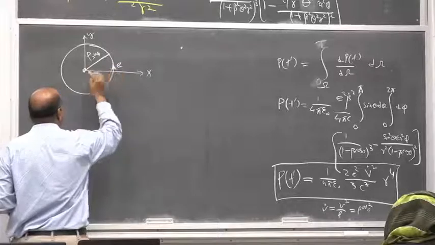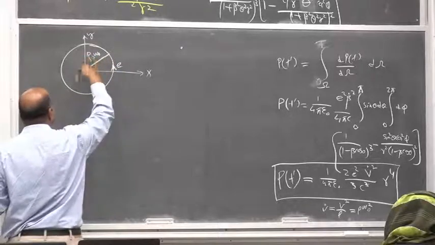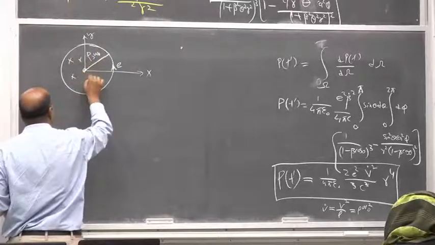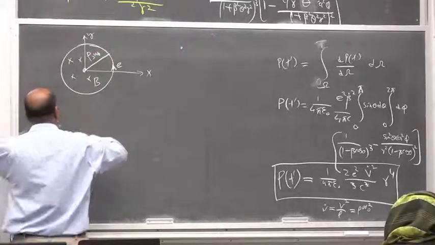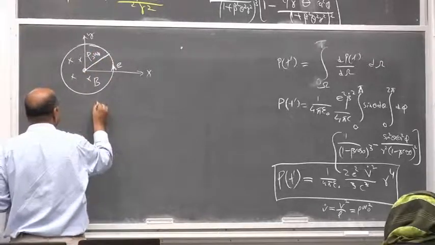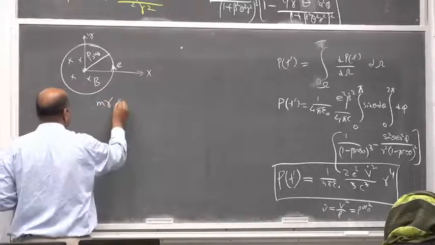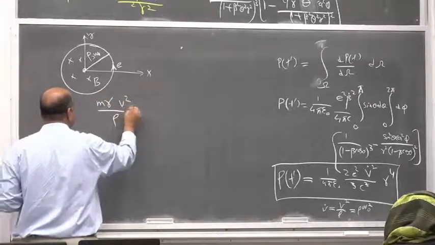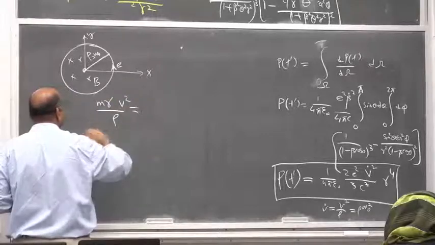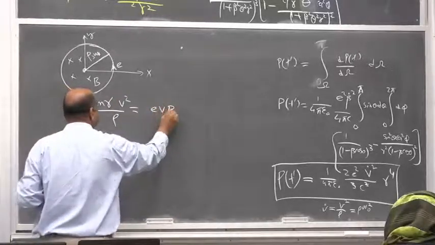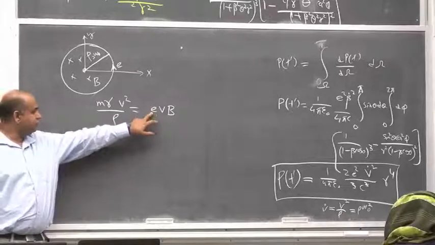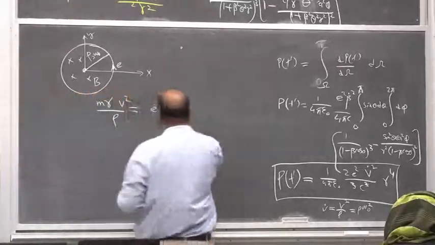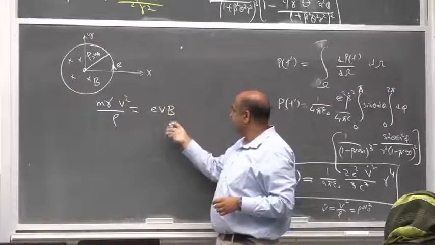So if we have, let's say, this charged particle in a circle because of some magnetic field, then we can find its angular frequency by equating the centripetal acceleration with the magnetic force.